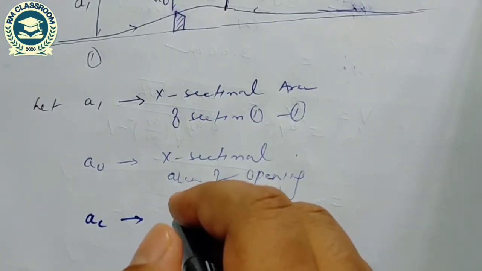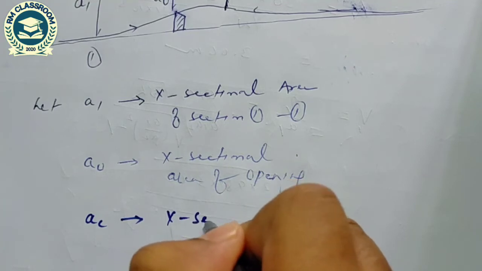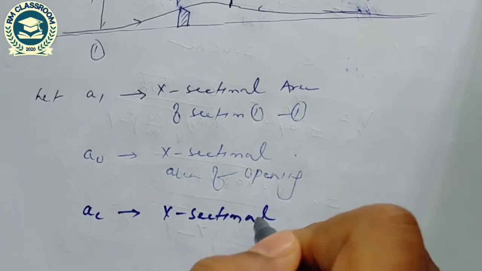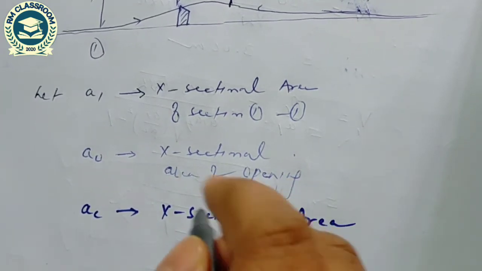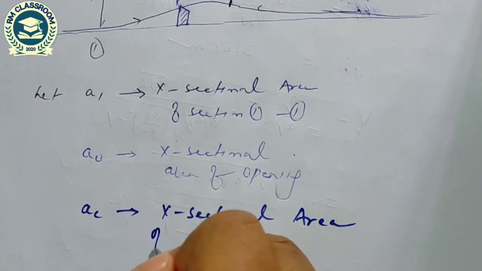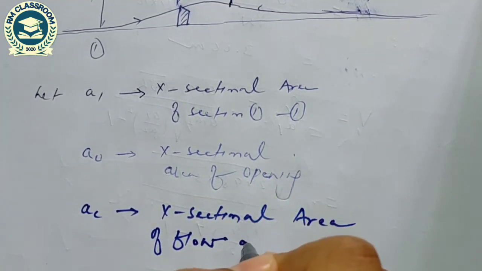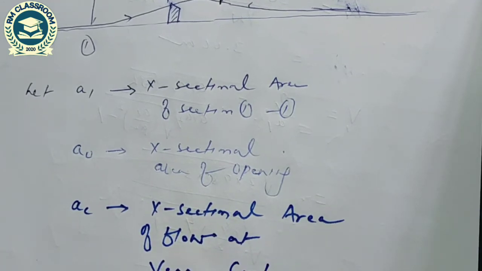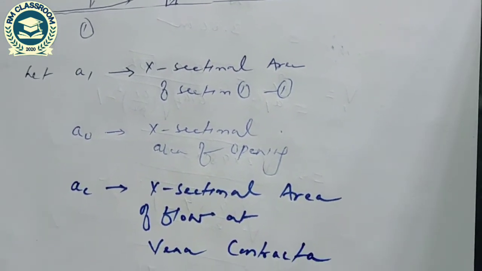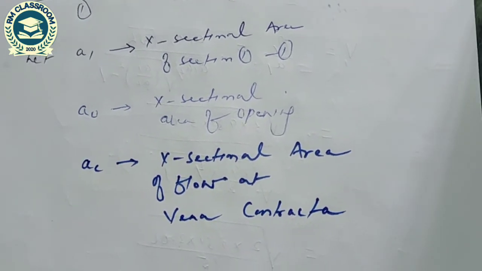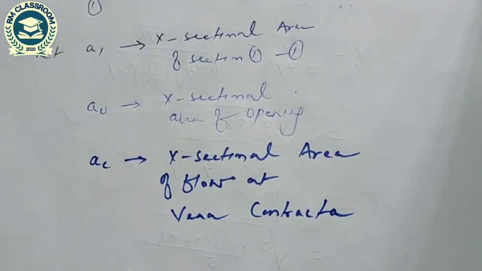AC is the cross sectional area of flow at vena contracta. Vena contracta is the flow area where the flow is minimum.